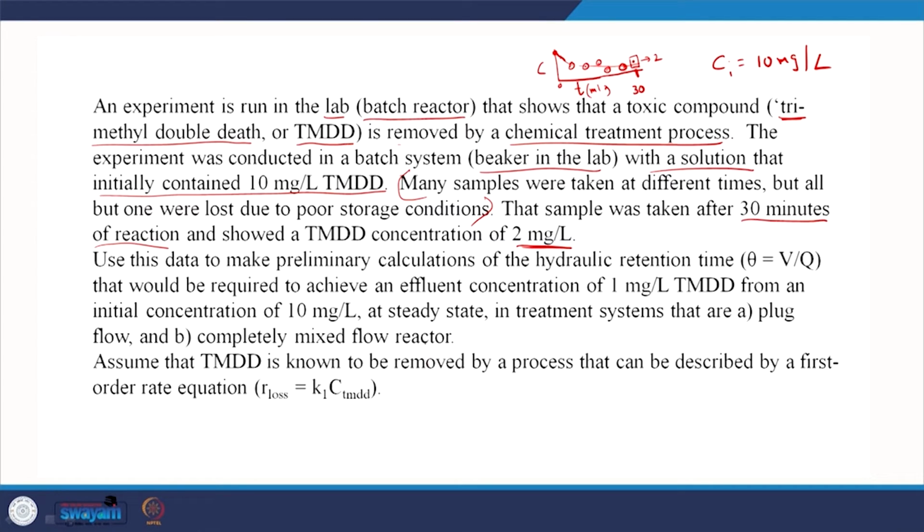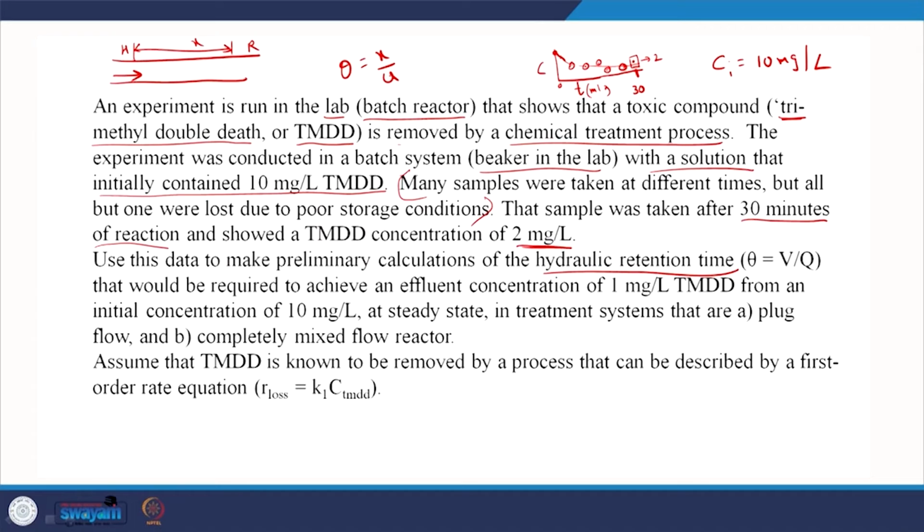So, what else do we have? We are now asked to calculate the hydraulic retention time. So, hydraulic retention time, to refresh your memory, we said was theta equal to x by u. This is typically used in plug flow reactors. Let us say a river is flowing in this direction, from Haridwar to Roorkee, let us say this is x, right, and u is the velocity of flow of your fluid.